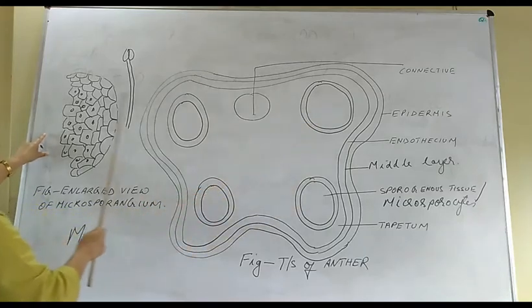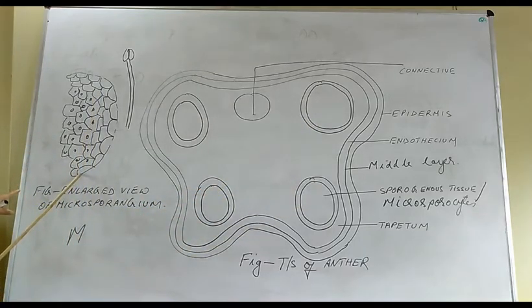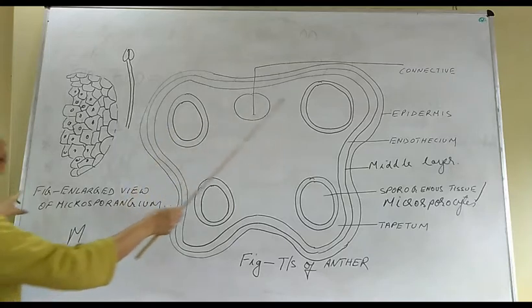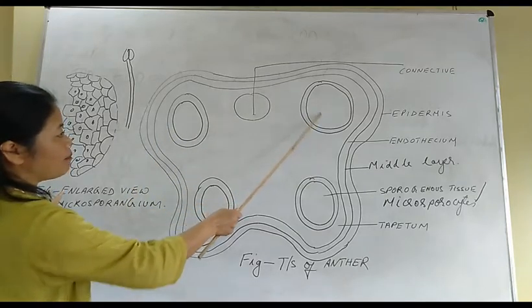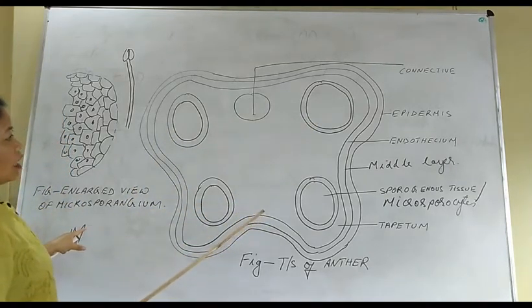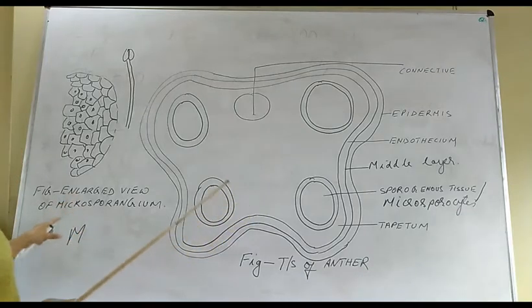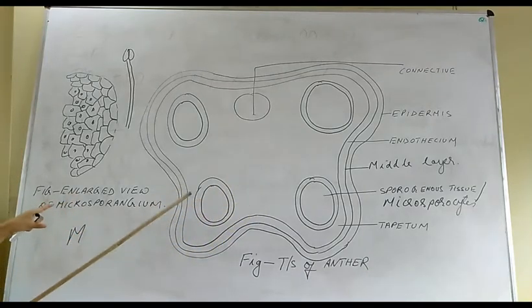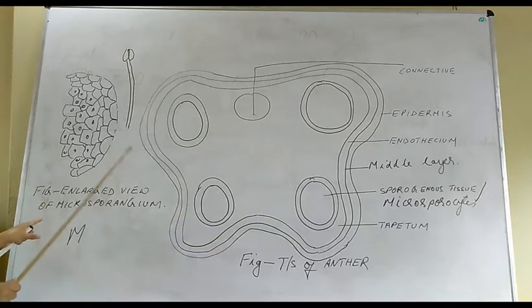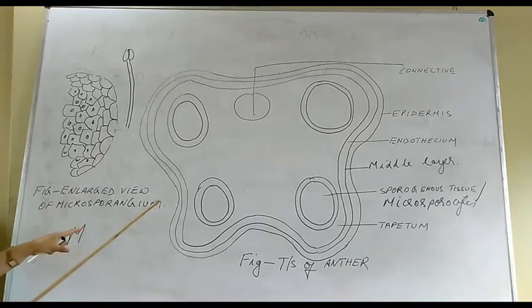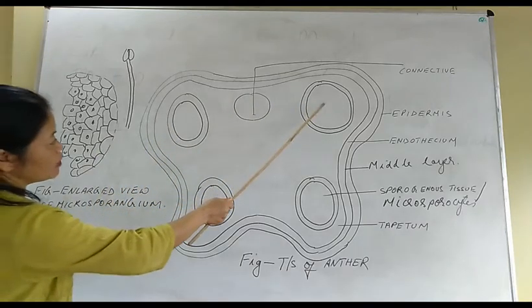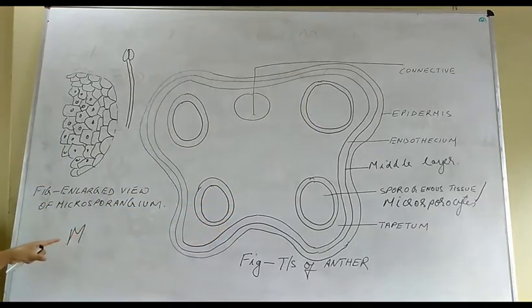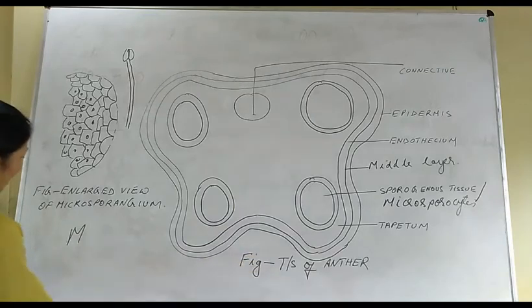This is the enlarged view of microsporangium. Here I have not completed the diagram, but when you see your textbook and view under the microscope, you will see it in this manner. So look at your textbook and try to complete the full diagram of microsporangium. So this is about the TS of anther.